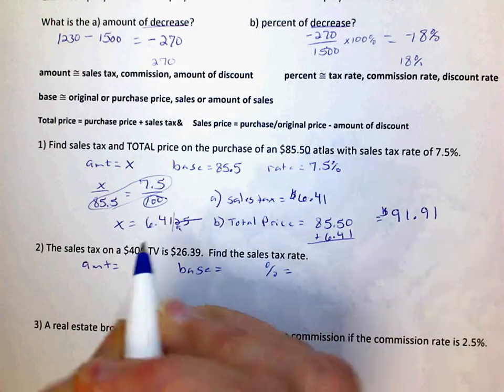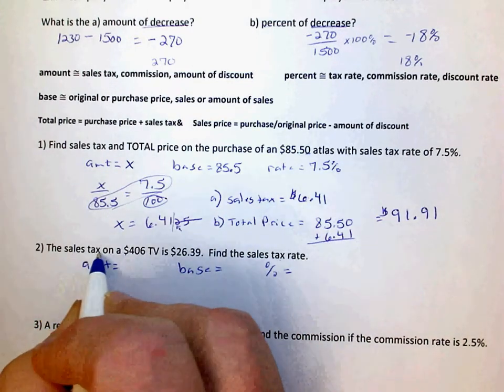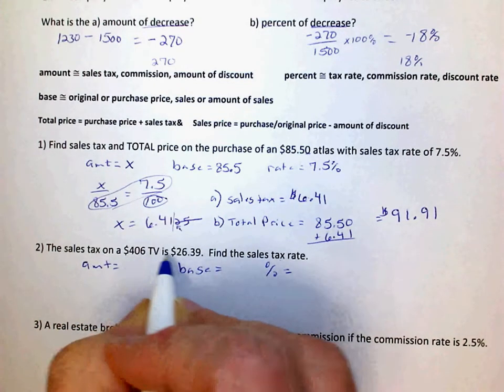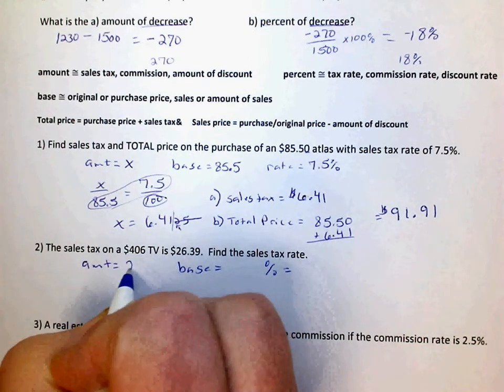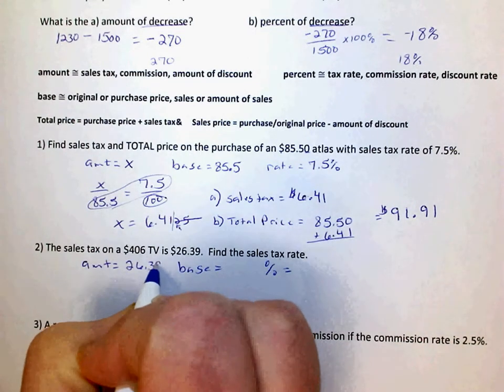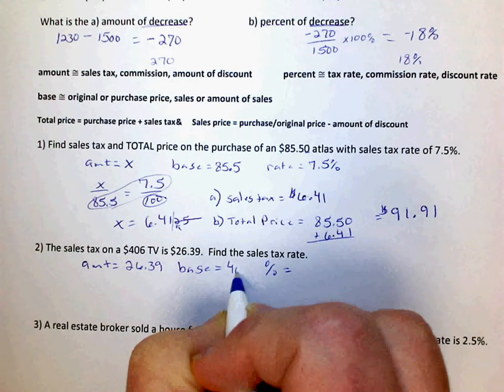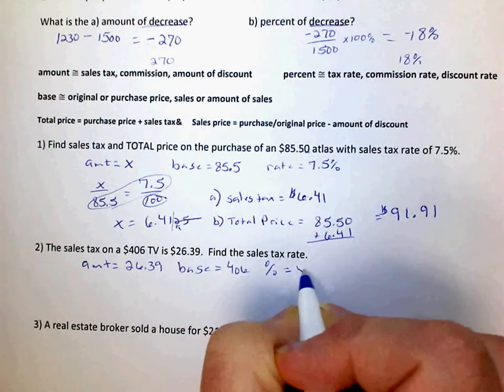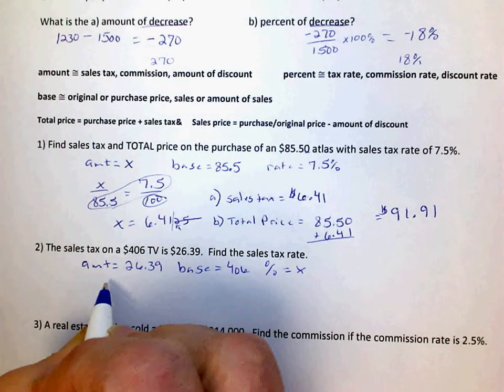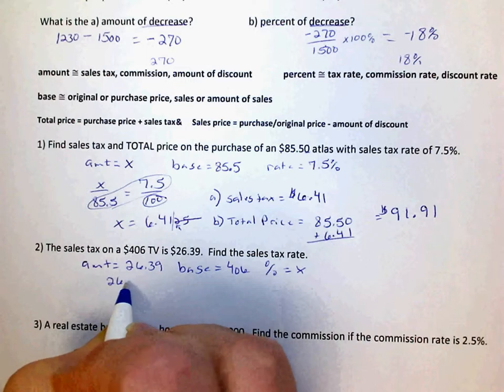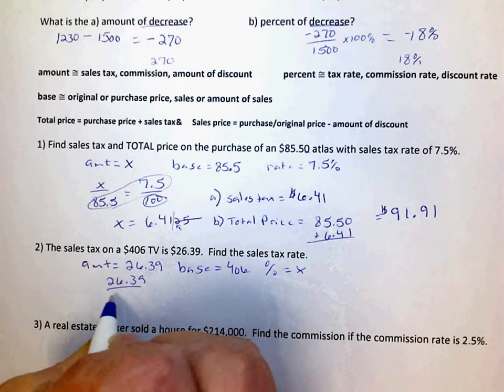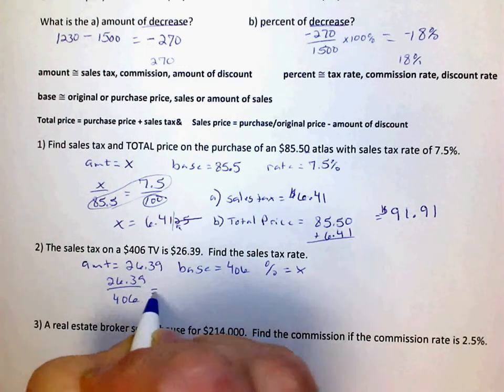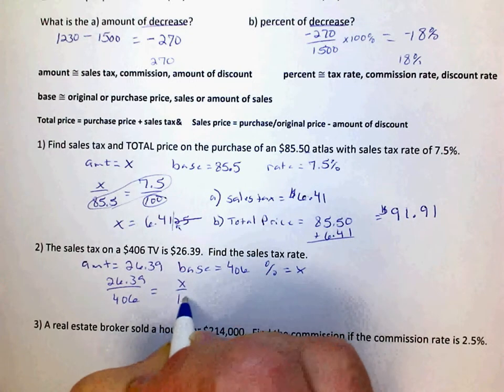Alright, our amount is $26.39, our base is 406, and our percent is X. So 26.39 over 406 equals X over 100.